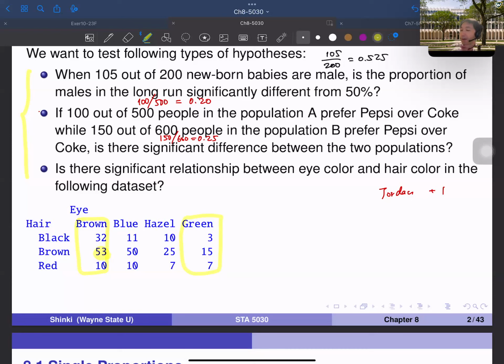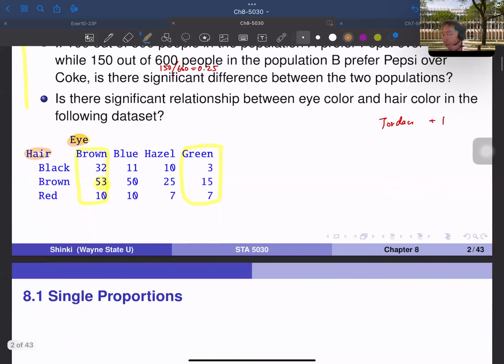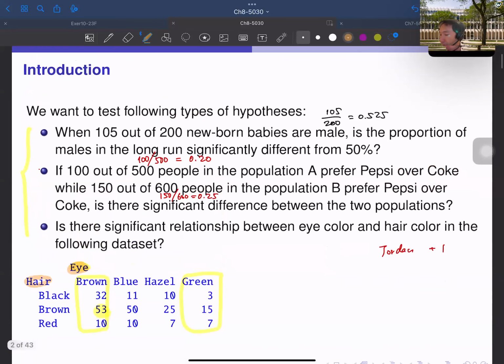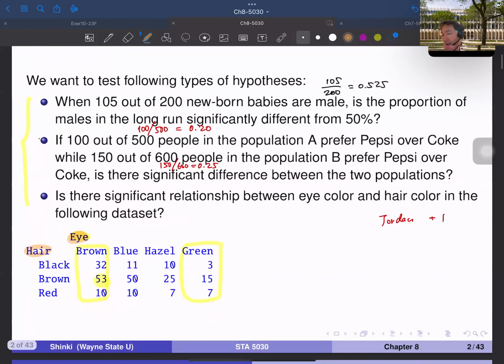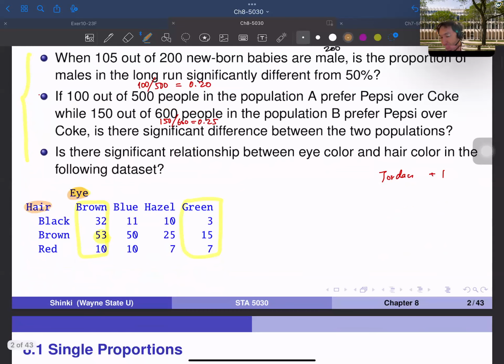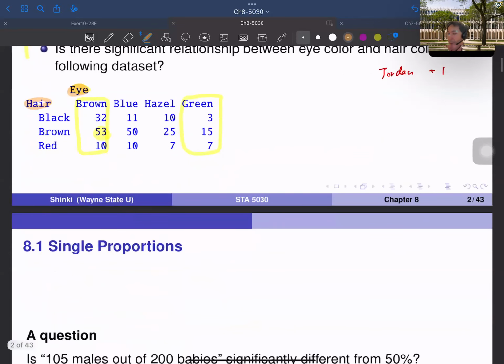So we may have some pattern between these two factors, eyes and hair. We want to see generally whether two factors are related or not. In the first two questions, the categories are binary: male or female, prefer Pepsi or not, population A or B. But in the last question, we have 3 groups for hair and 4 groups for eyes.